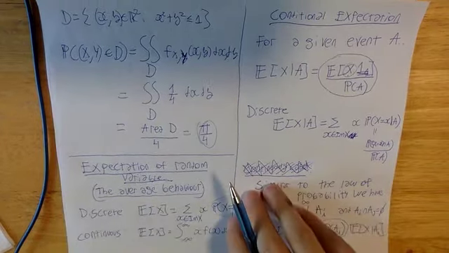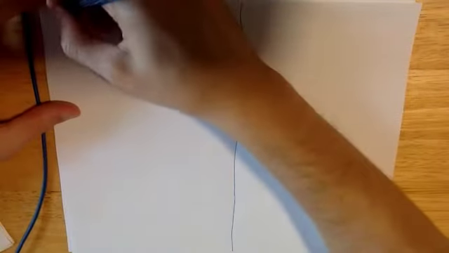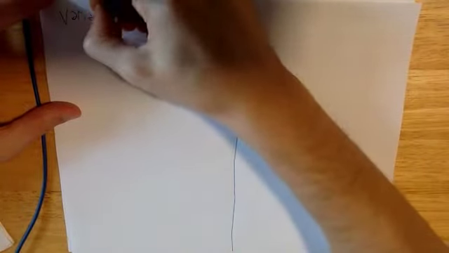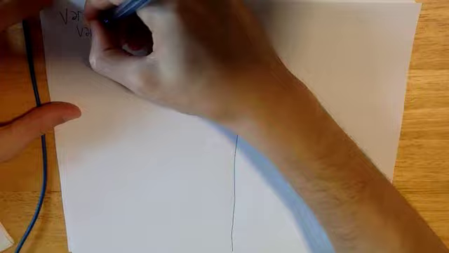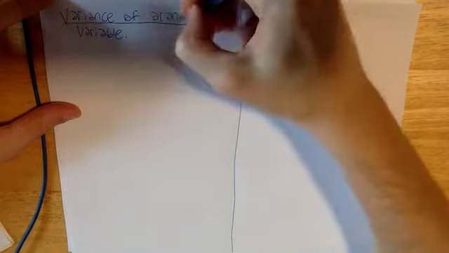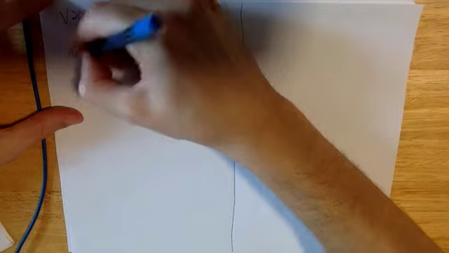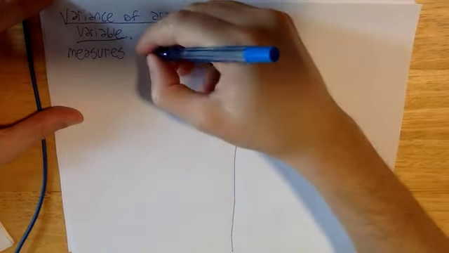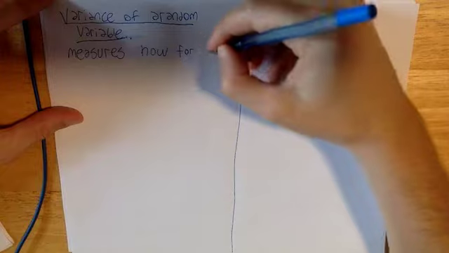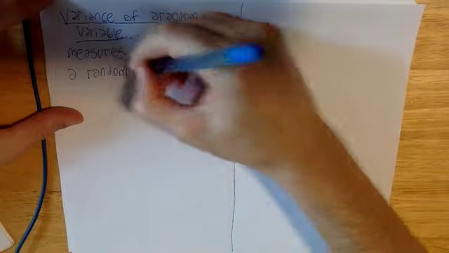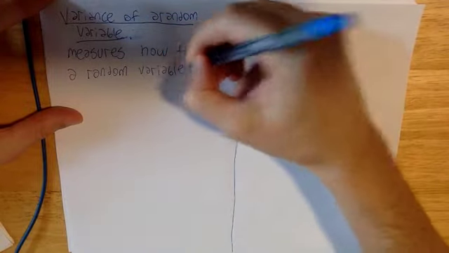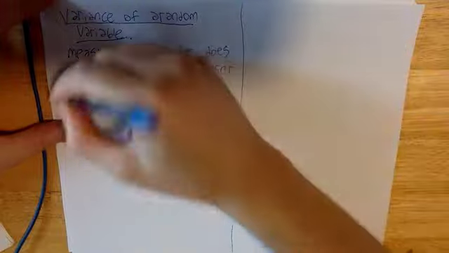Okay, I talked about variance before, but the next part that you should remember is the variance of a random variable, which measures how far a random variable differs from its average.